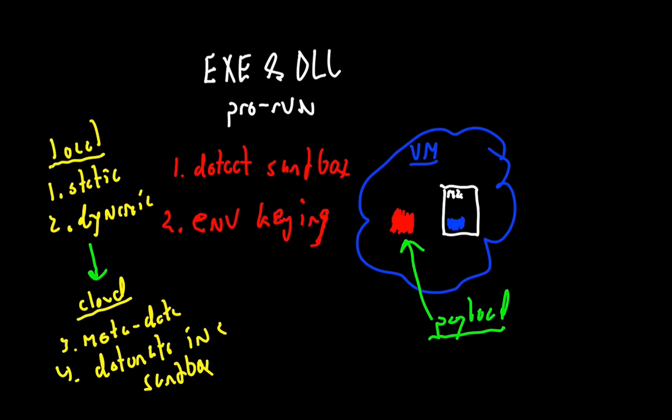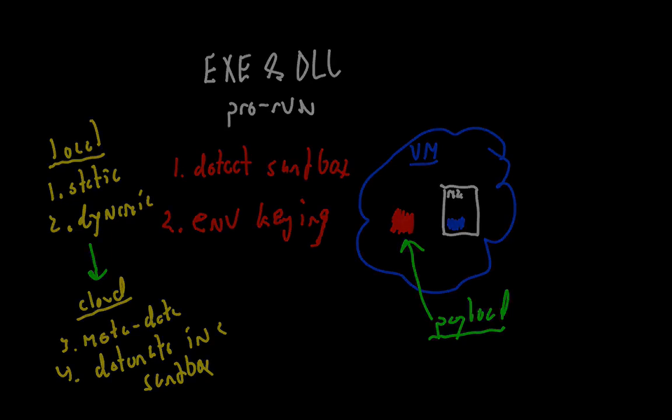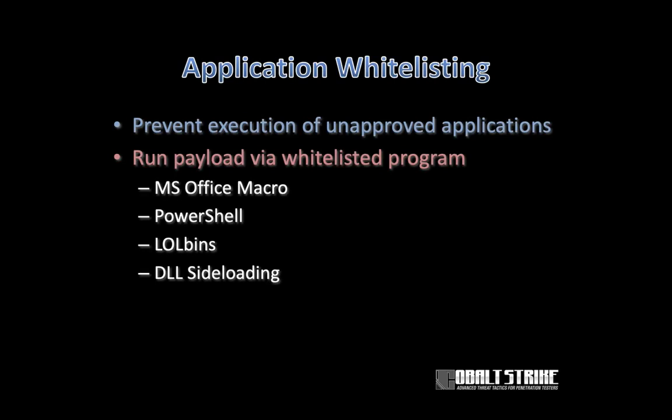And if you get stuck on this for whatever reason, consider treating this like the application whitelisting problem. And that's a good segue to talk about application whitelisting. Application whitelisting refers to different technology implementations that aim to prevent the execution of unapproved applications. The idea is only things that are in a certain whitelist are allowed to run.